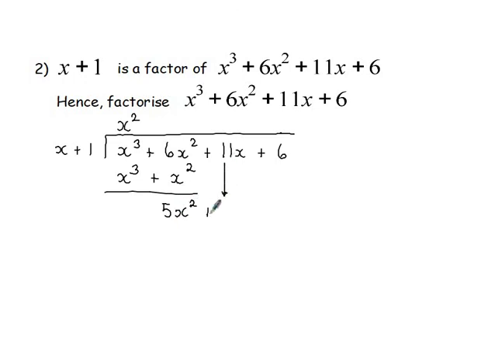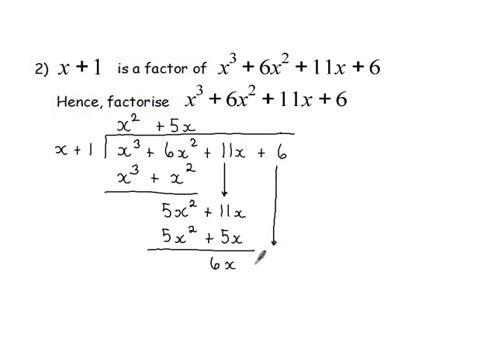Drag down the plus 11x ready and start again. So 5x squared divided by x gives you plus 5x, and then we've got 5x times x to give you 5x squared, and 5x times 1 to give you 5x. Subtract, so we know this bit gives you 0, so 11x take away 5x gives you 6x.